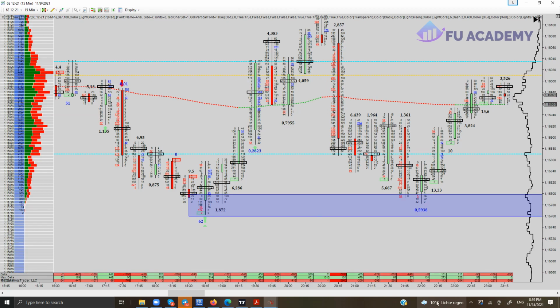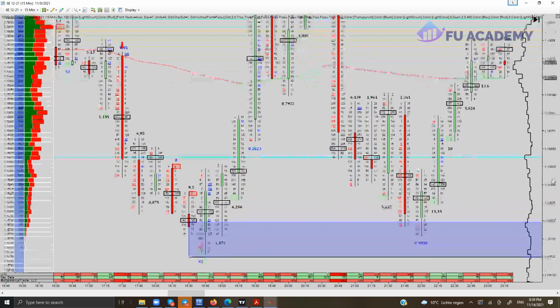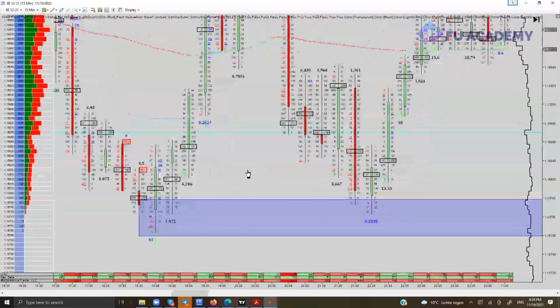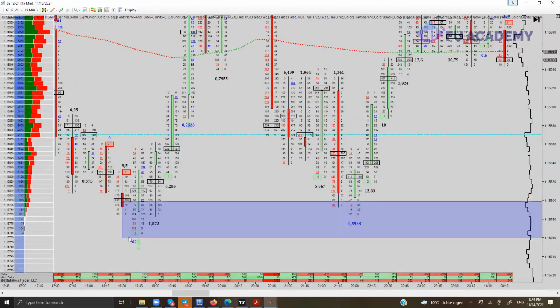What we got here, let's check. Yeah, here we got almost 160 sellers' contracts trapped, and we got a single print. That means sellers are also exhausted, right?